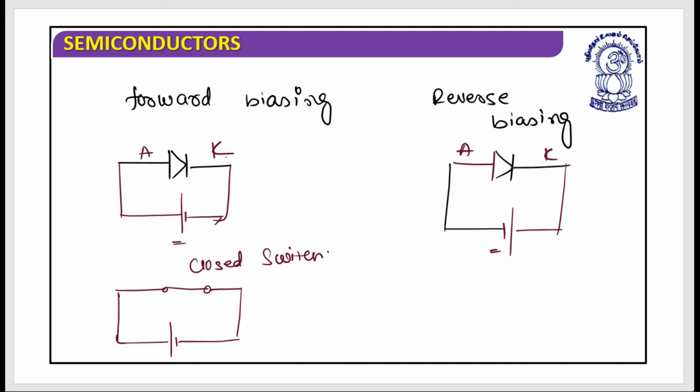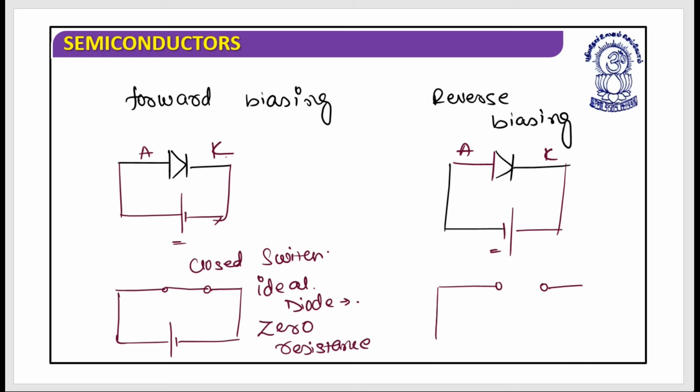When I say it's a closed switch, for an ideal diode, it has zero resistance. But when we talk about the reverse bias condition, then it is just the breaking of the path. I hope this is clear.